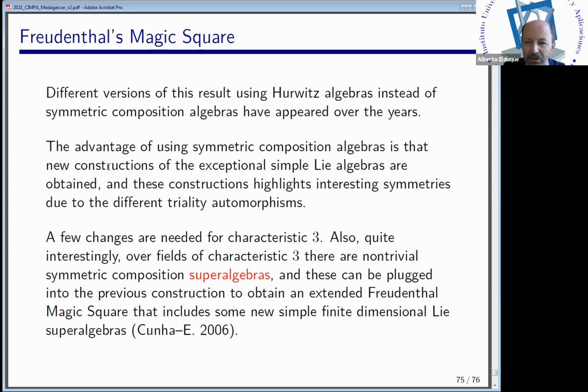So this construction can be used with these superalgebras, composition superalgebras and symmetric composition superalgebras, that exist only in characteristic 3. And this has allowed us to discover new finite dimensional simple Lie superalgebras in characteristic 3. And this has been a quite nice outcome of all this.